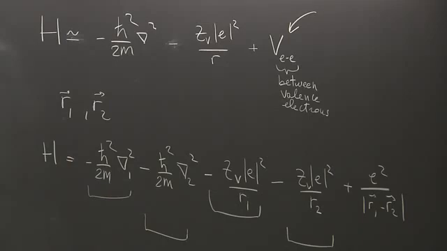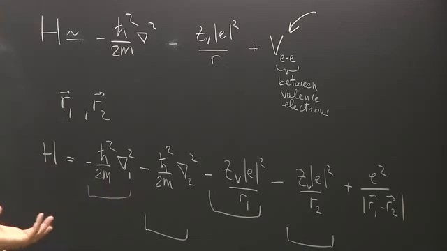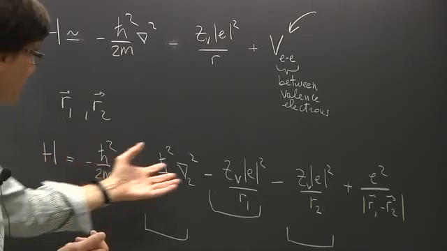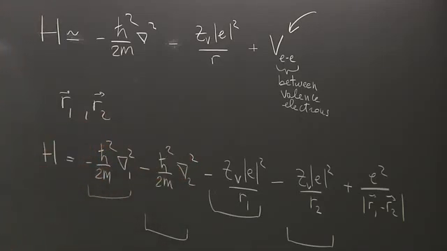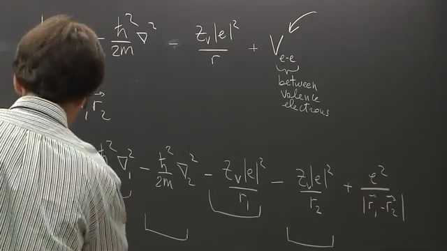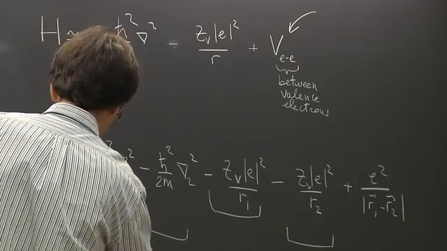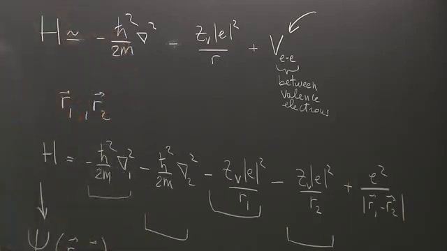And of course, if you want to solve this Hamiltonian, the wave function will be a function of 6 degrees of freedom, not 3 only, because it's a Hamiltonian that depends on 6 degrees of freedom. So the solution of this Hamiltonian will be a wave function of R1 and R2, right? So 3 plus 3, 6 degrees of freedom.